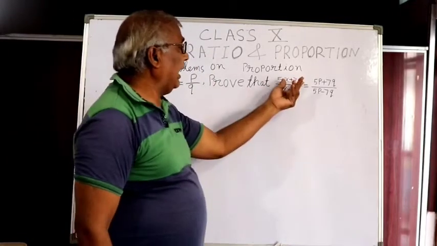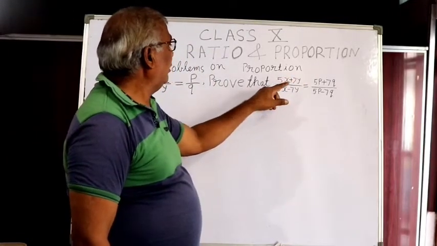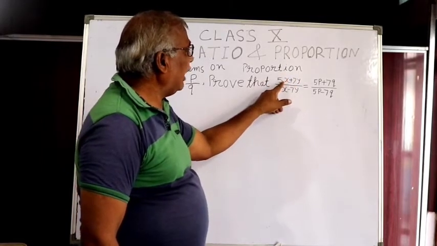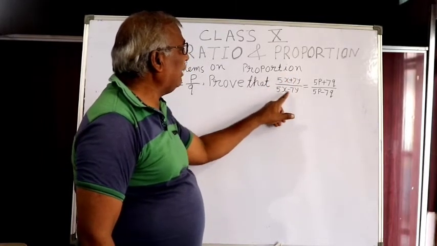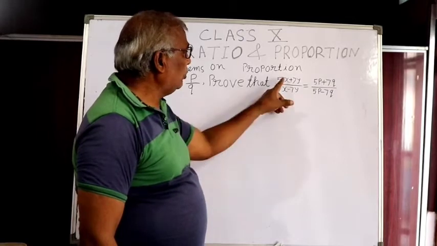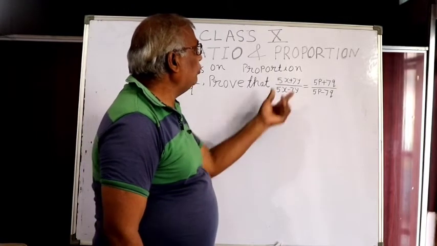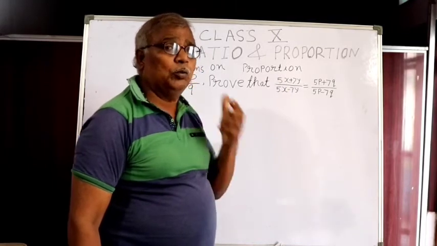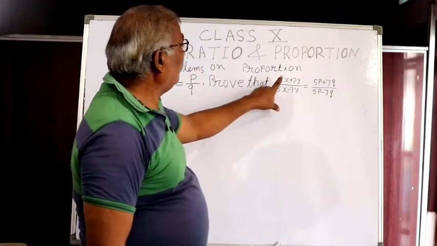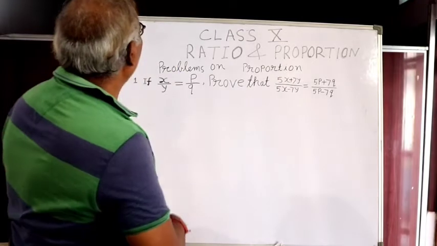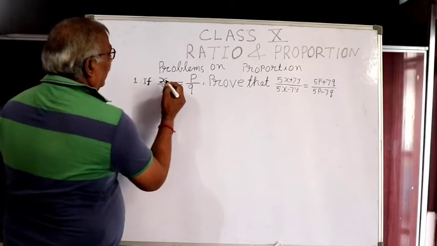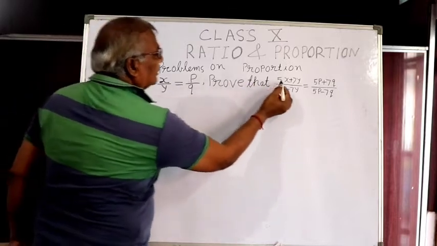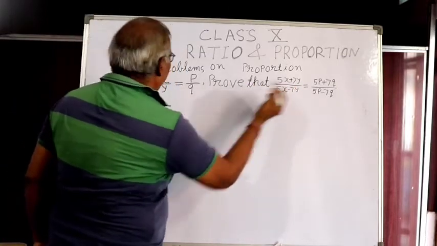Here we see that in the problem, in the numerator we have 5 and 7, 5 and 7. So we have to apply the componendo and dividendo rule. First we will multiply both sides by 5 upon 7.